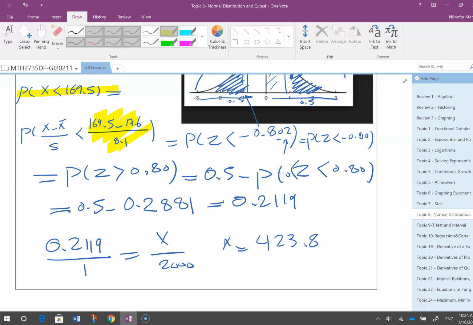So 423 students are shorter than 169.5 centimeters.